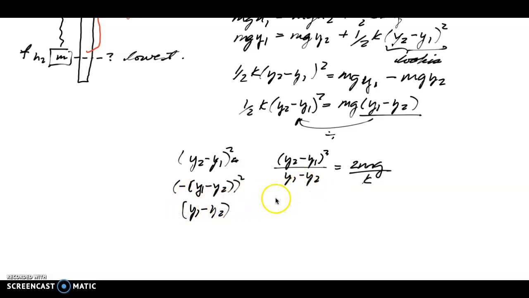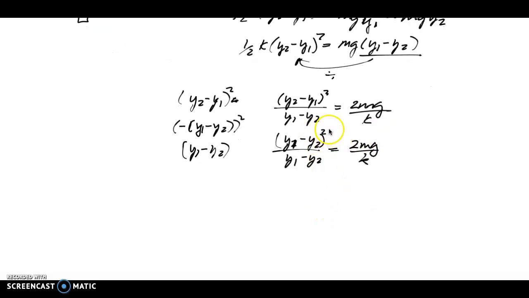That just means I can cancel. So then that would be (y1 minus y2) squared all over (y1 minus y2), equal to 2mg all over k. So that and that, this is y1 minus y2 equal to 2mg over k. That means we know what y1 would be.